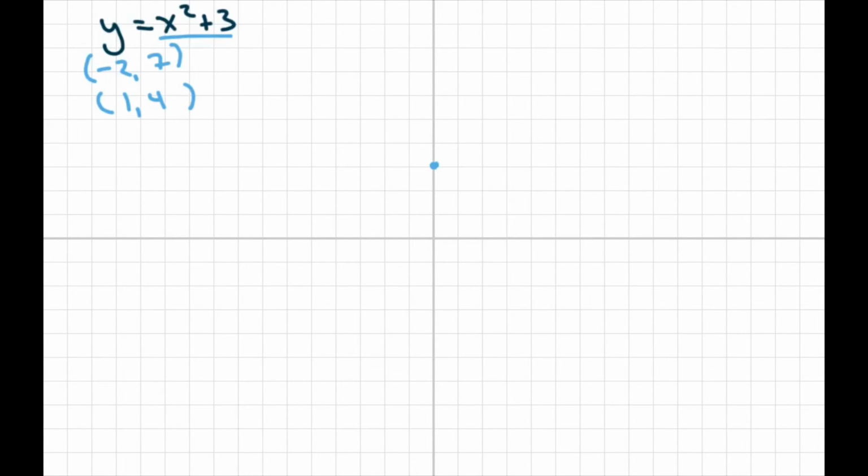It's a quadratic with a vertical shift of 3. I'm going to go negative 2 maps to 7, so it's negative 2, 1, 2, 3, 4, 5, 6, 7, and 1 maps to 4, 1, 2, 3, 4, and so I'm going to sketch a graph of this.